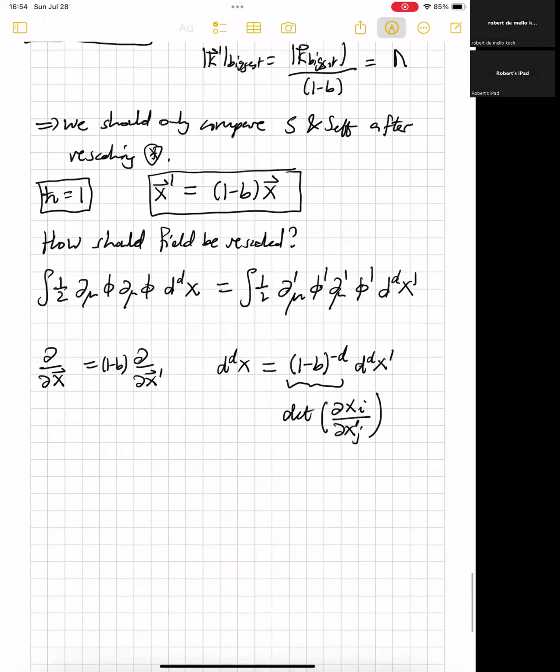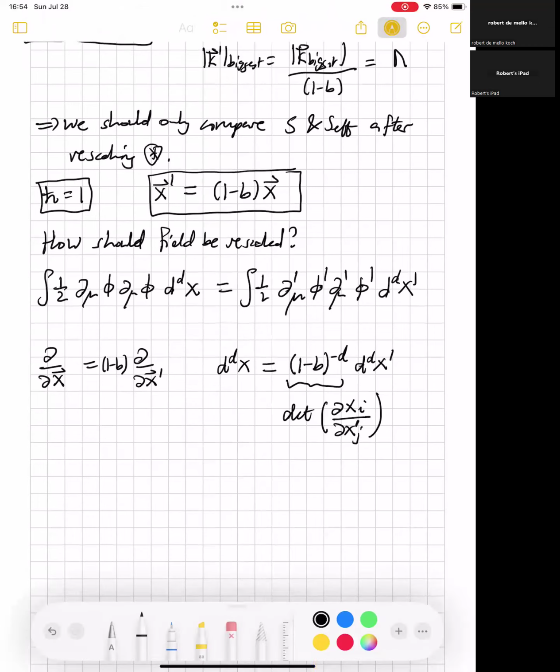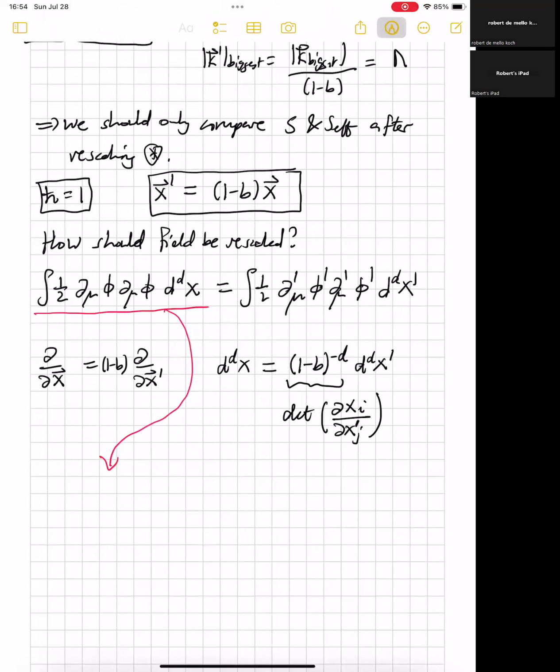So if we plug that in, I'm now going to look at this side over here. Let's see what this gives us. Let's plug these results in. So we'll have an integral of 1/2. If we want a d primed sitting here, then we need to include these 1 minus b's. So we've got a 1 minus b squared, and now we know that it will be a d primed mu phi, d primed mu phi.